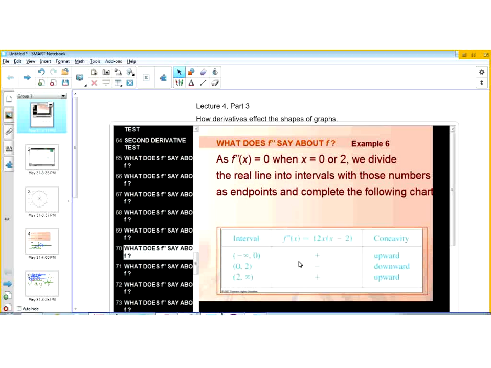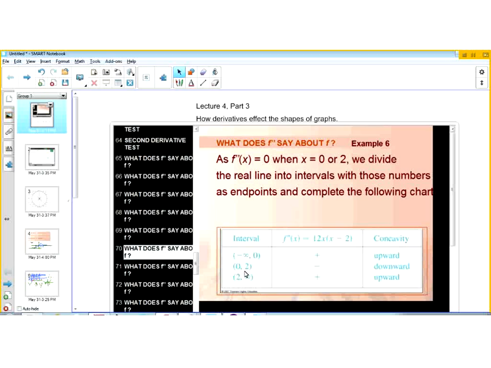Here they're analyzing concavity. We have a change in concavity at 0. You have to use your table of signs to analyze whether x equals 0 is an inflection point. Using the table of signs, from negative infinity to 0, this function is positive. From 0 to 2, the function is negative, and then from 2 to infinity it is positive again.